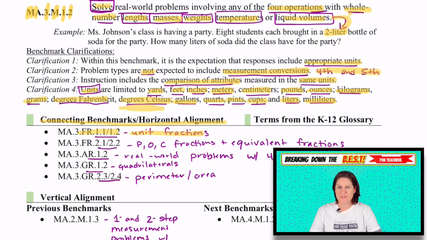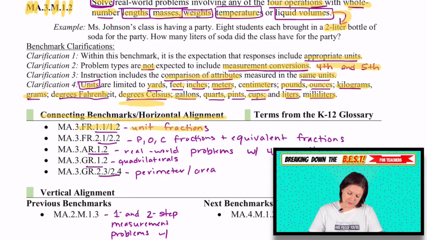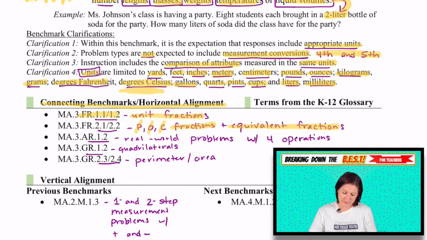So interesting that they put that one there. I'm not really sure I understand why. They also have the plotting, ordering, comparing fractions and equivalent fractions. Again, kind of curious as to why they made that a connecting standard when we're performing operations that are only with whole number values. So I don't know about that.